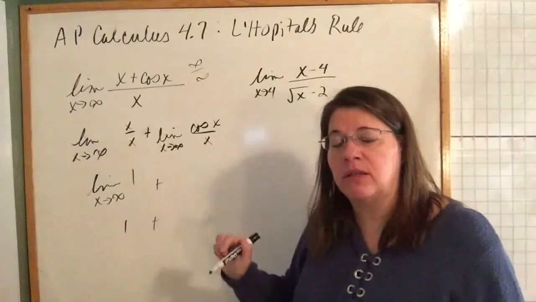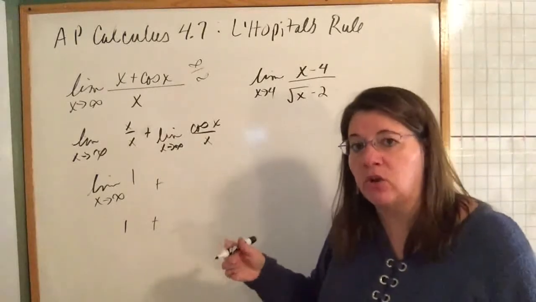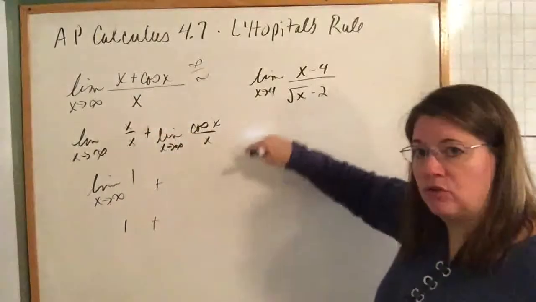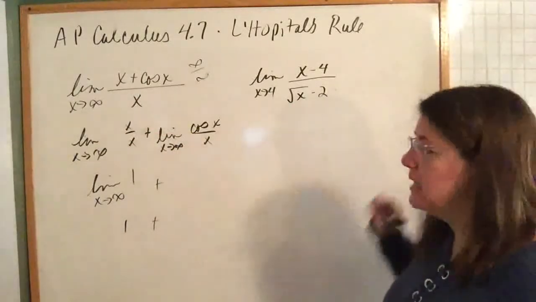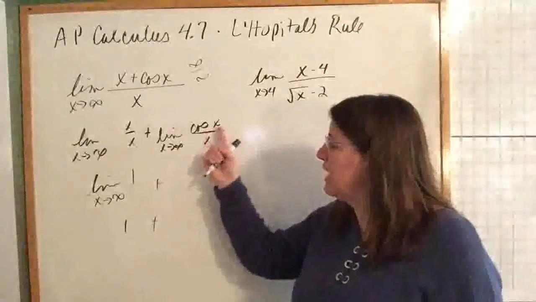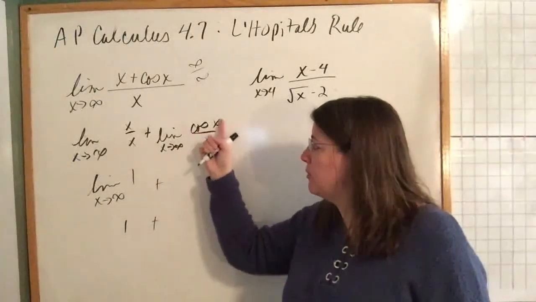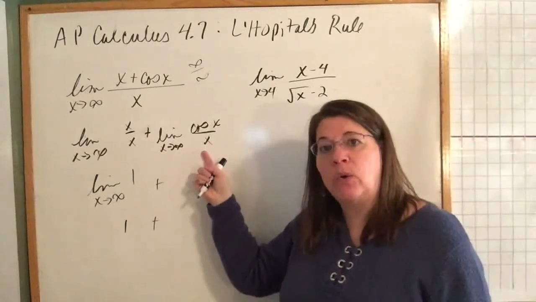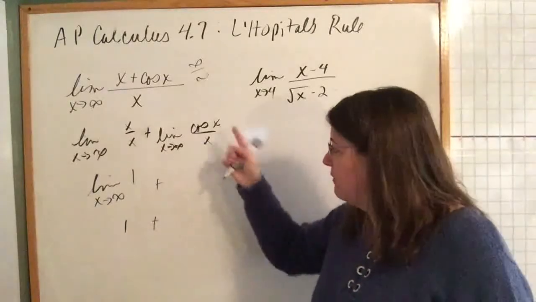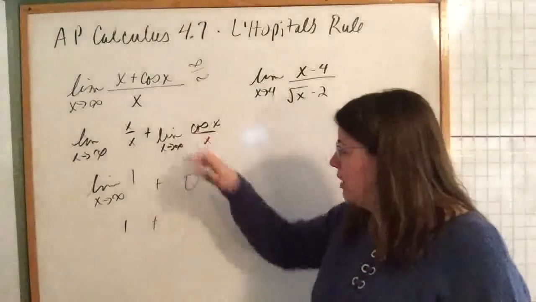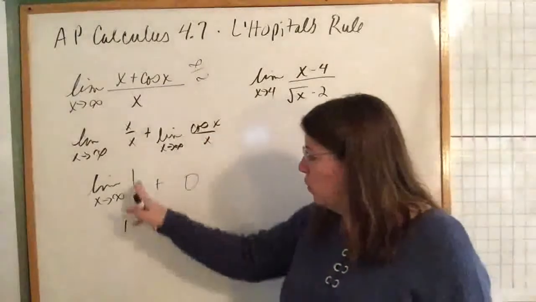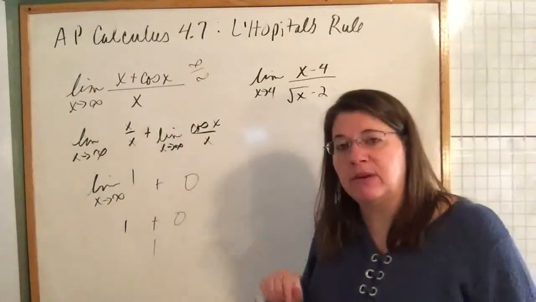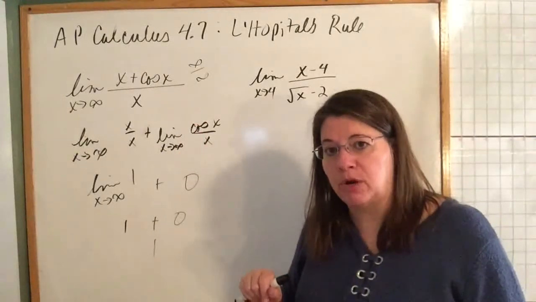If you think about what the trig curve of cosine looks like, it's fluctuating between 1 and negative 1. Well, if we put all the numbers between 1 and negative 1 over infinity, isn't that thing going to approach 0? So if that part approaches 0, then 1 plus 0 is just 1. So we were able to find the limit of that one without using L'Hopital's rule.